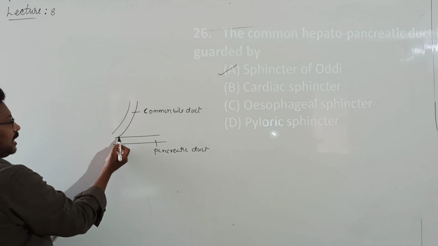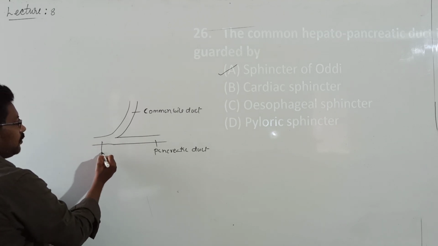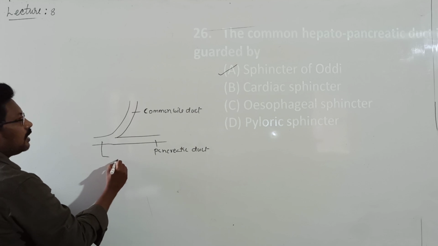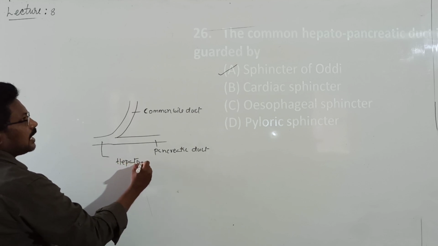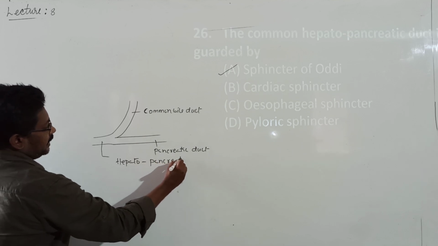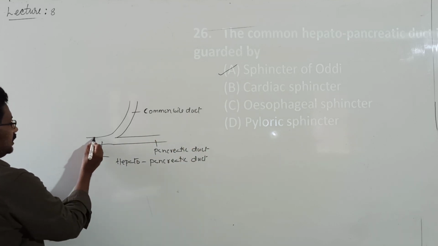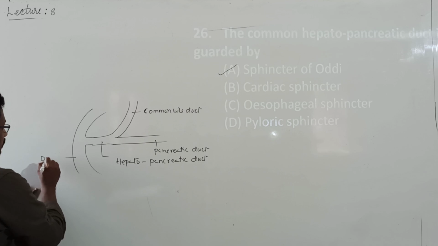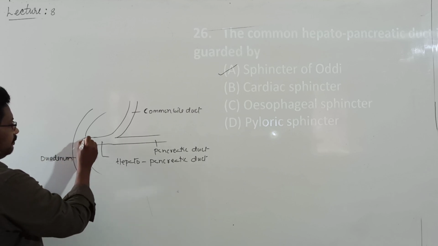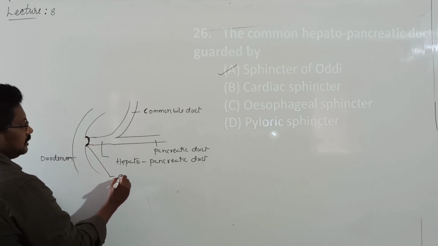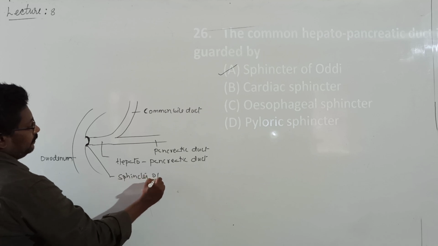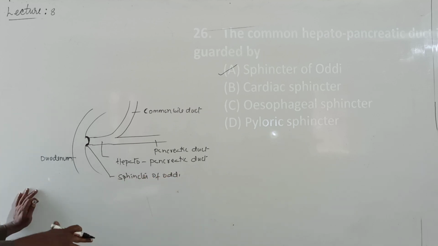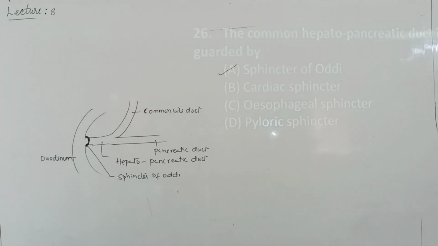This pancreatic duct and common bile duct together form a common duct, which we call the hepatopancreatic duct. This one will open into the duodenum with the help of a sphincter here. That is what we call the sphincter of Oddi, which controls the flow of bile and pancreatic juice into the duodenum. So answer is A.